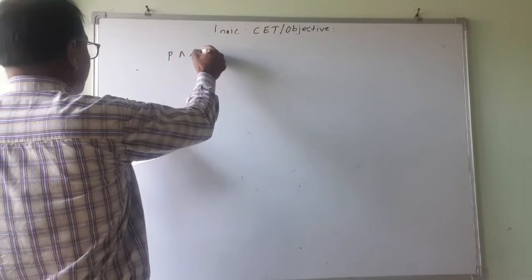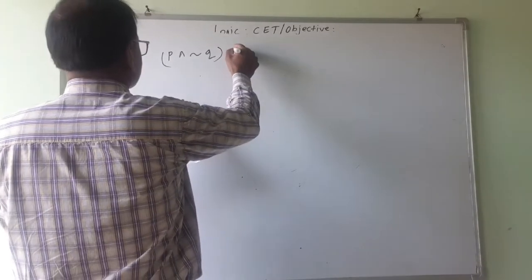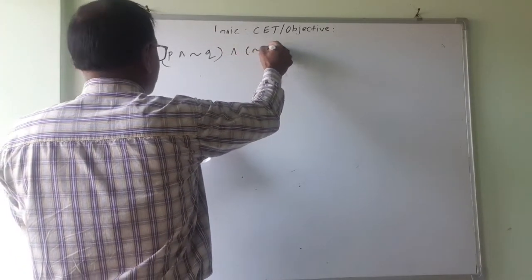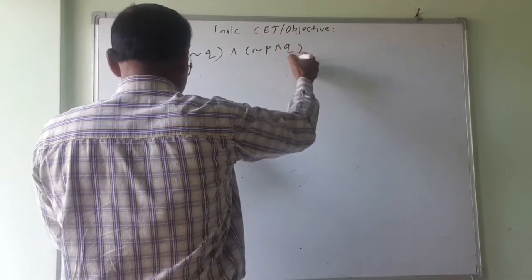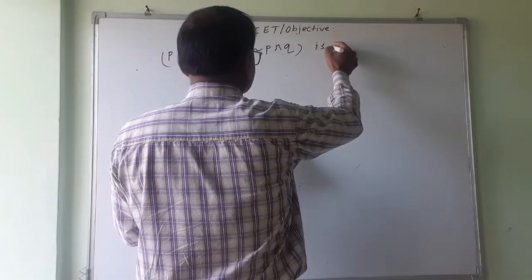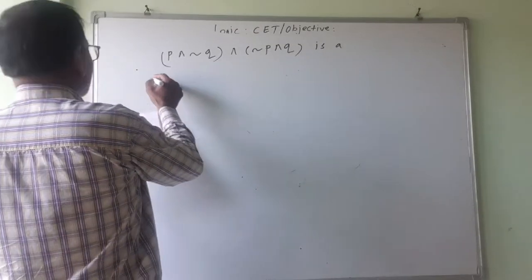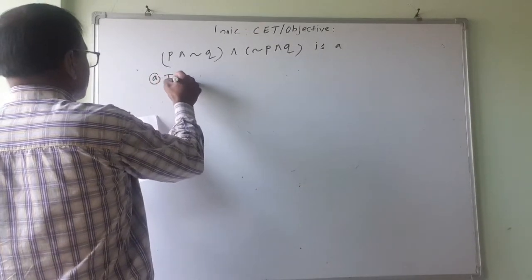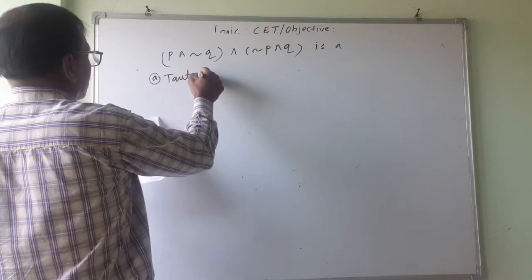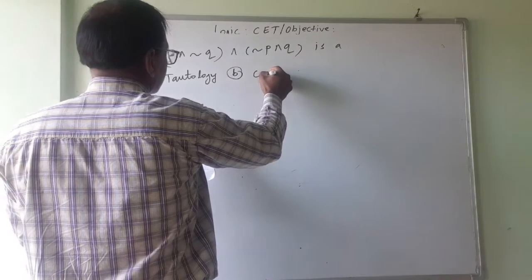P and negation Q and negation P and Q is what? A, tautology. B, contradiction.